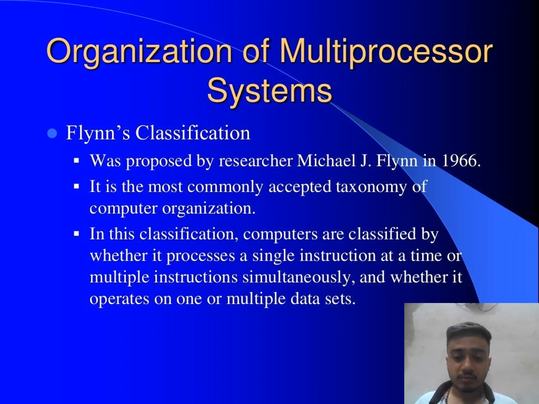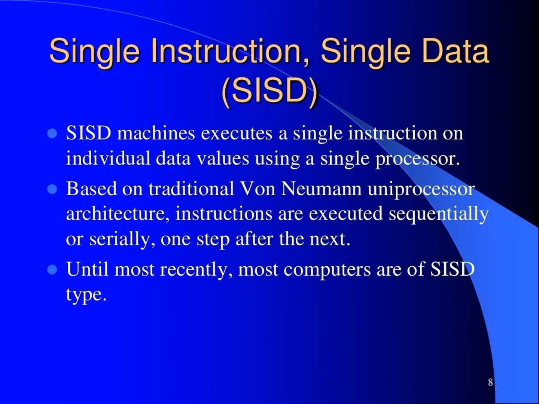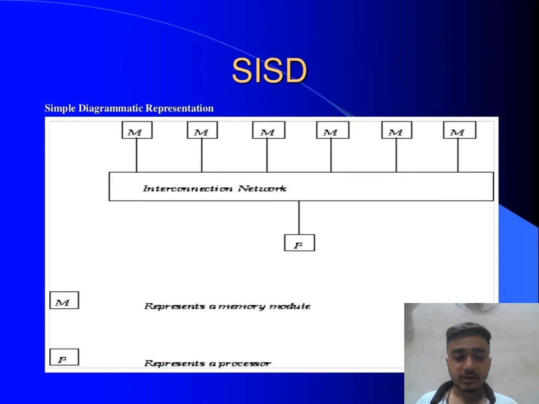In this classification, computers are classified by whether they process a single instruction at a time or multiple instructions simultaneously, and whether they operate on one or multiple data sets. This is the image for the SISD machine.